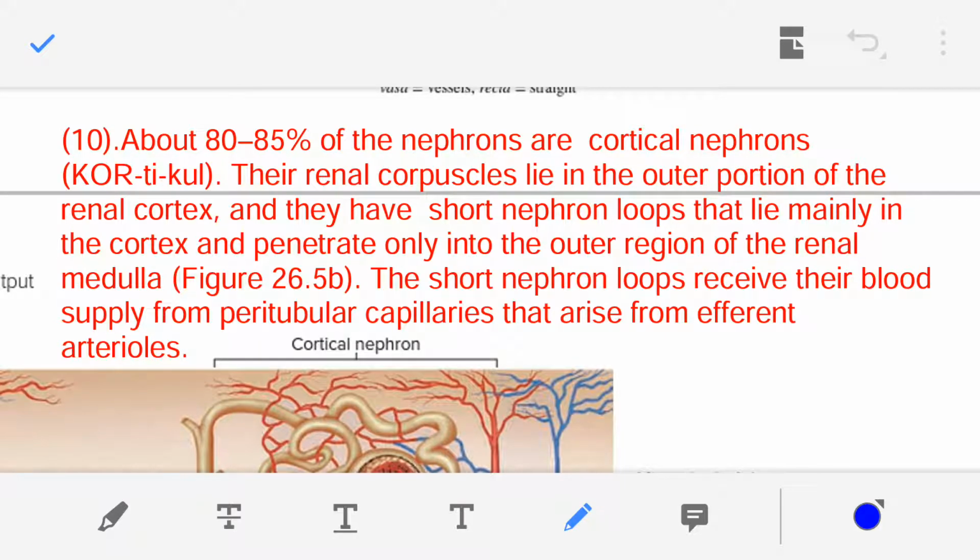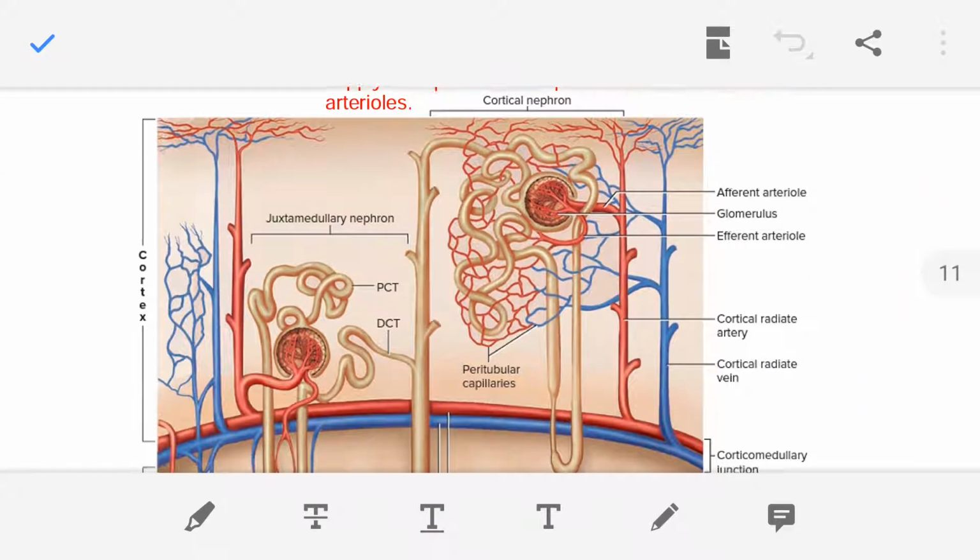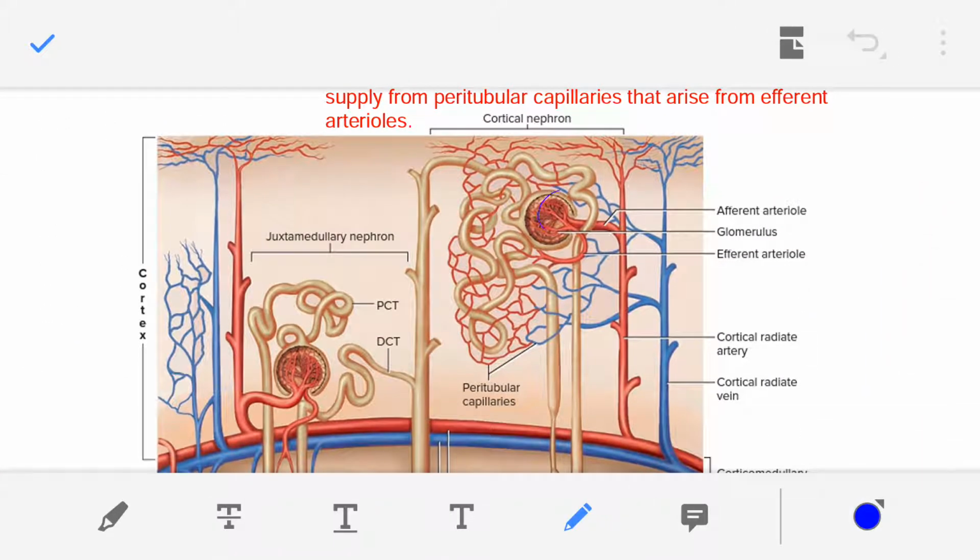Now for the cortical nephron, the renal corpuscle lies in the outer portion of the renal cortex, and they have a short nephron loop that lies mainly in the cortex, and only a small portion of this nephron loop extends into the renal medulla. For example, in this figure, you can see this one.